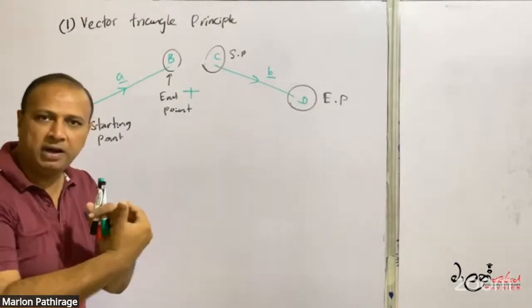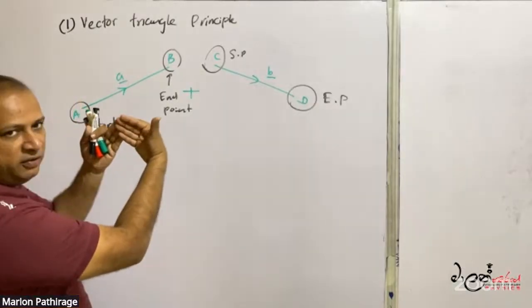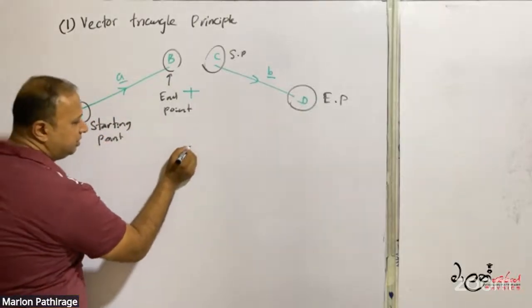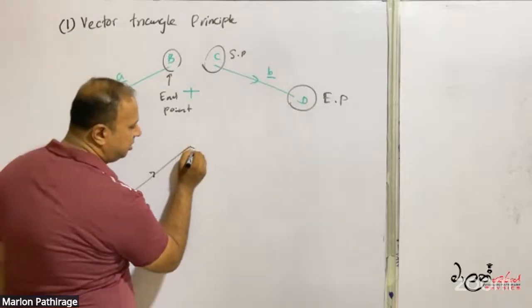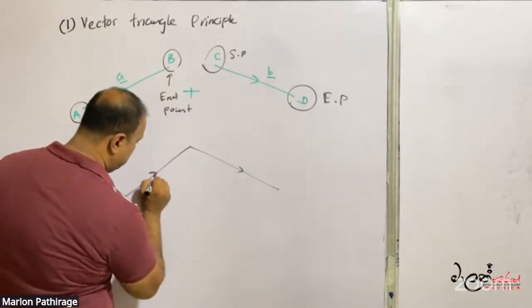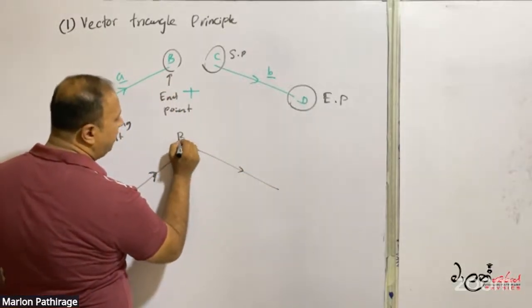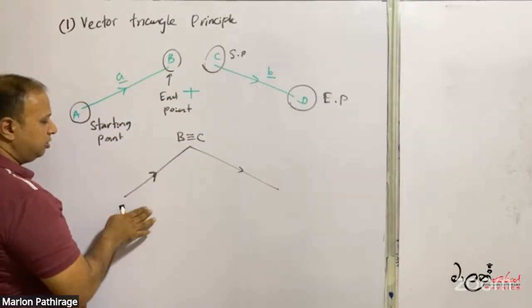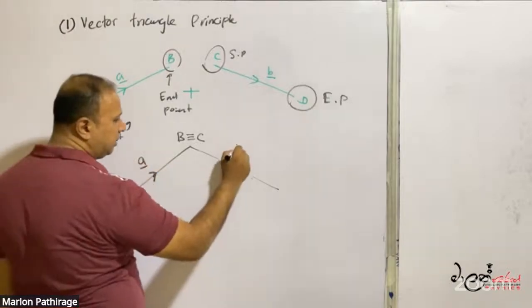Overlapping the end point of the first vector and the starting point of the second vector. If you overlap B and C, then you will have this kind of figure.